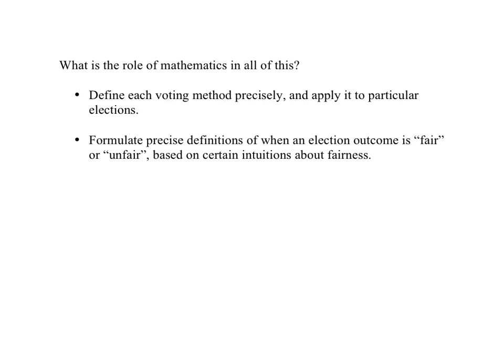Now wait a minute, I thought math wasn't about things like fairness. I thought math was just about math. But in fact, math can be used to take intuitions that we have about what constitutes a fair outcome or an unfair outcome and make those intuitions precise.